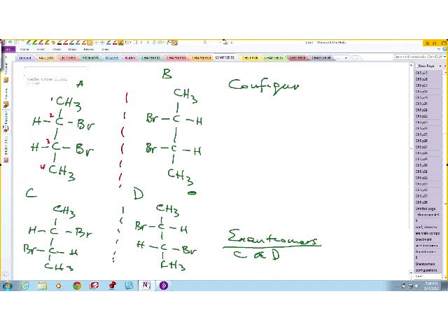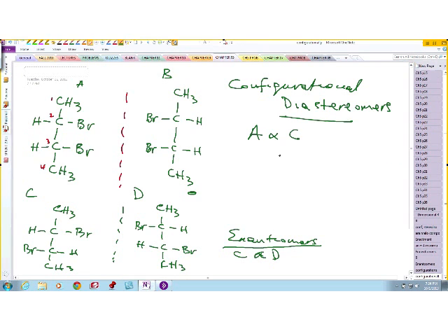So we say configurational diastereomers: A and C, A and D, B and C, and B and D. Of course, we know that meso is A and B, meaning that they are the same molecule.